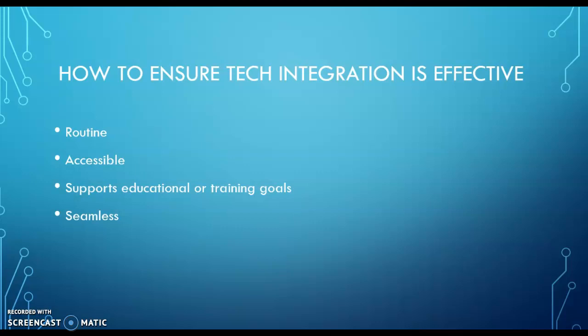Second is to ensure that the technology you are utilizing is accessible and ready to go for your students or those in your training environment. You want to ensure that the technology you are using supports the educational or training goals at hand. Above all else, your top goal is to ensure that tech integration is as seamless as possible.